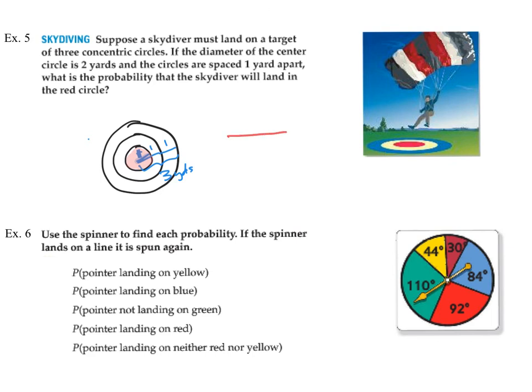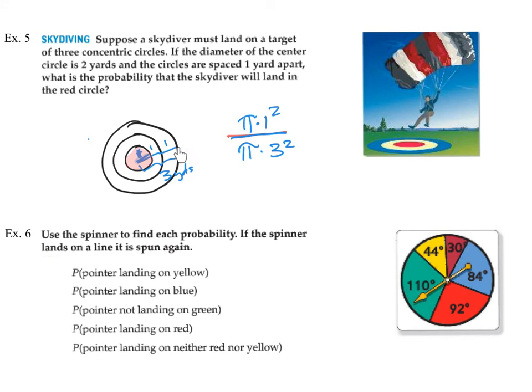So the area of the red circle then would be pi times its radius squared, so that's going to be pi times 1 yard squared, and then the ratio of the area of the red circle to the area of the whole circle would be pi times 3 squared. Remember, the radius of the entire circle is 1 plus 1 plus 1.